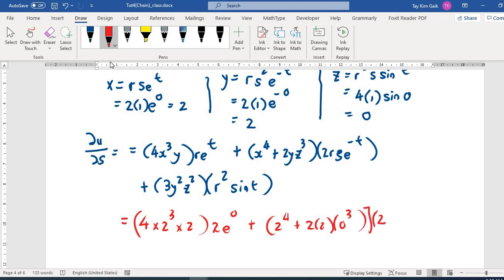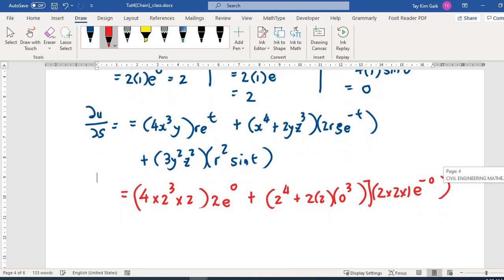So r is 2, s is 1, t is 0. So y is 2 squared, z is 0. So r is 2 squared, t is 0.